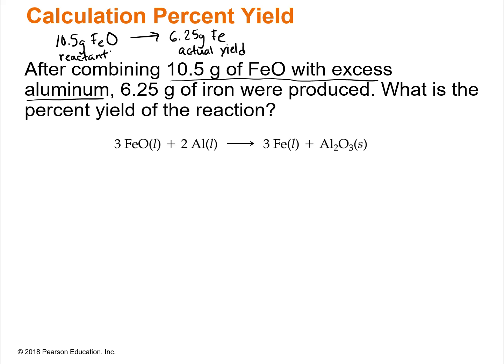So we know about one reactant, how much we started with. We know how much we actually yielded from the reaction, but we don't know the theoretical yield. For that, we have to do a calculation. We have to figure out how much iron we would make in a perfect world. And that's a mass-to-mass problem.